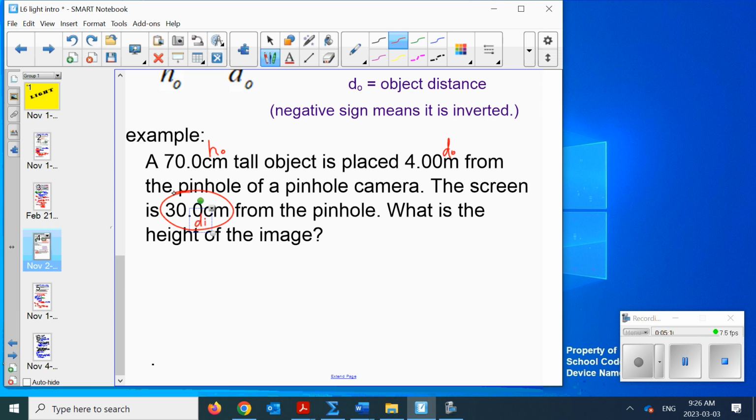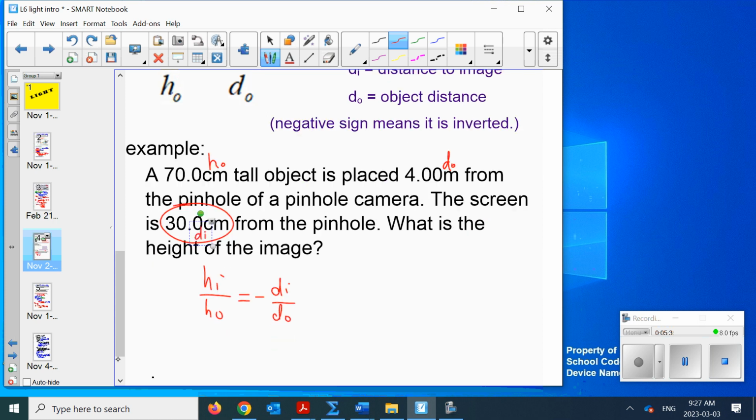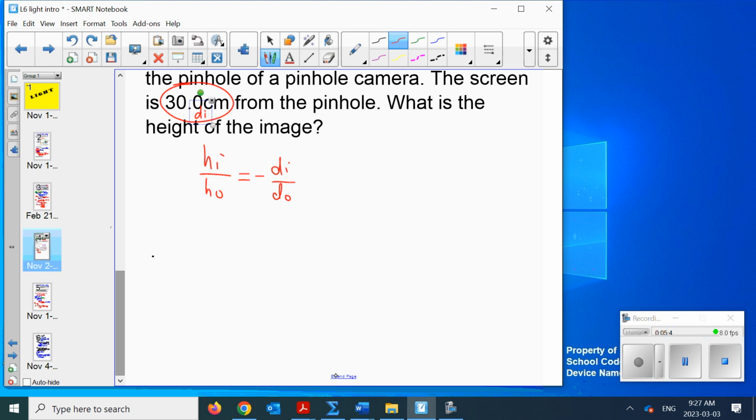So we have three of the four variables. The negative sign just means it's going to be upside down.